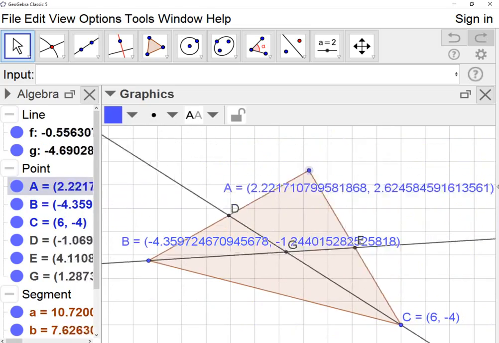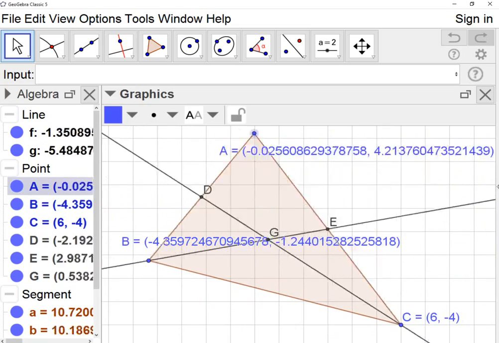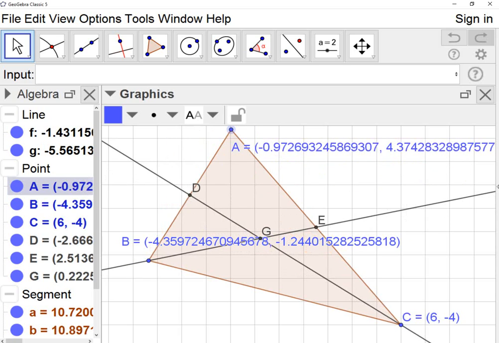Where those two medians cross. Right, and the medians, by definition, always pass through the center of the triangle, right? So your centroid is always on the interior of your triangle. And that should make sense. It's the balance point, right? It's the center of gravity. It has to be on the inside of it.